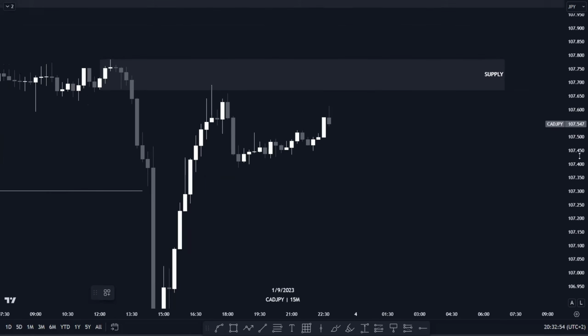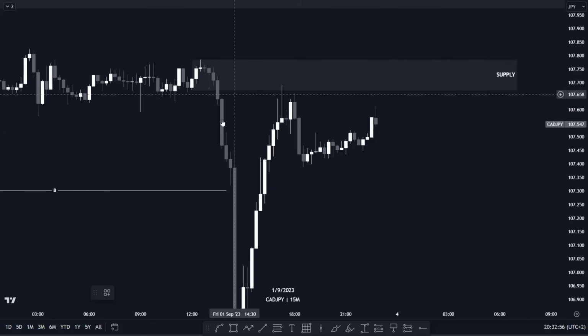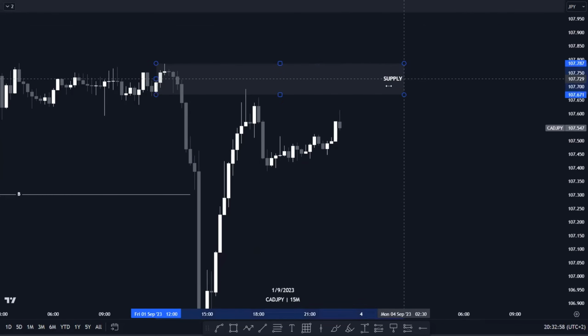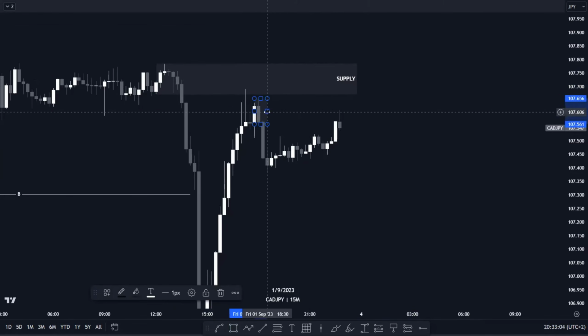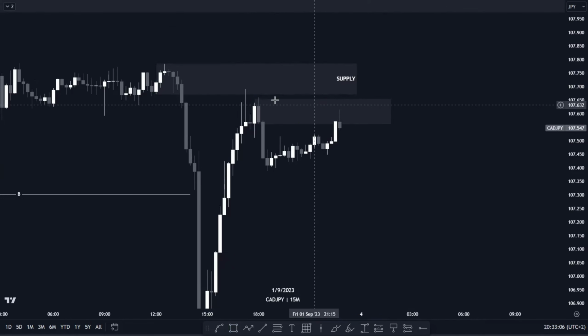So in these cases, if you can't find any confirmation entries within your supply area, as you can see here, taking a trade from this supply would be risky, because now there is no trend whatsoever.